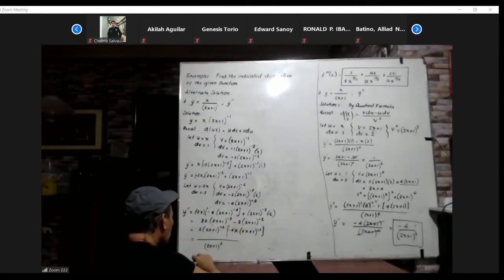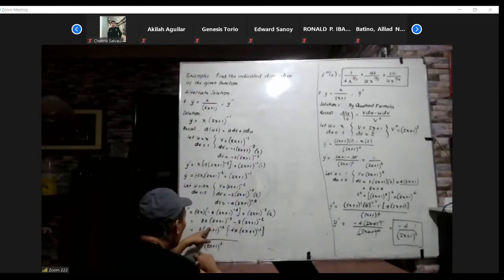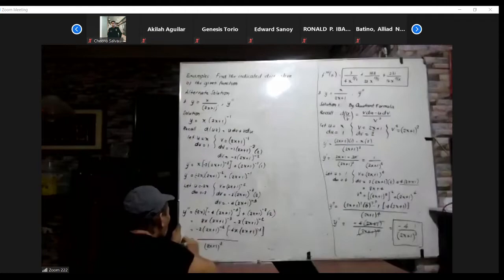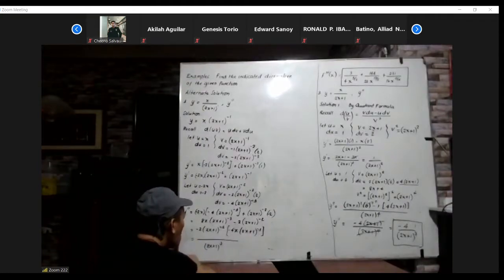Okay. So therefore, ang value natin ay ito na siya. Factor natin. So that is equal to negative 2x or negative 2 times x plus 1 raised to negative 2. Then multiplied natin ng positive 4x.